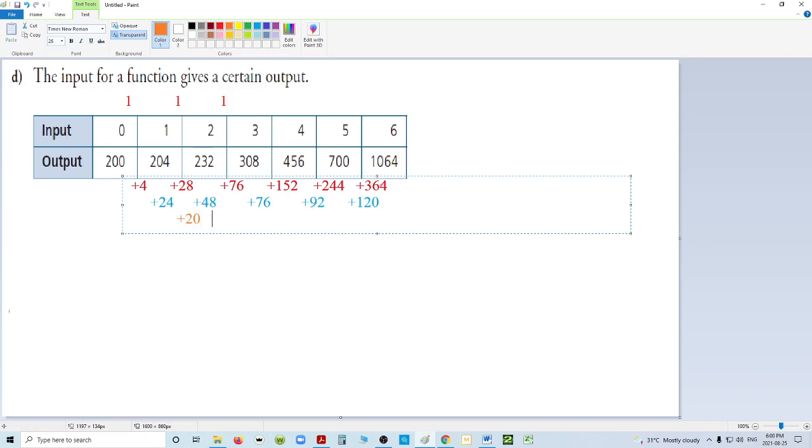This is plus 20. That's plus 28. Plus 20 minus 4, so that's plus 16.